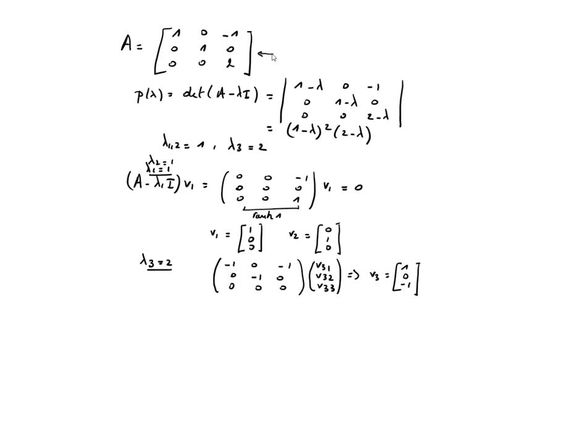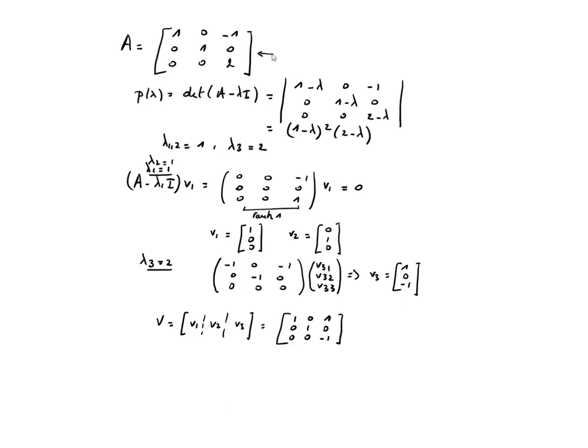Okay, so in this case, if we stack the eigenvectors in the matrix, we have V1, V2, V3. We'll have the following matrix: 1 0 0, 0 1 0, and 1 0 -1.